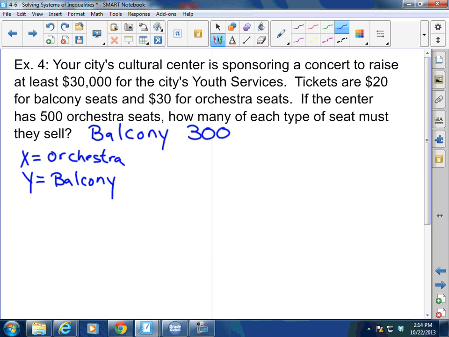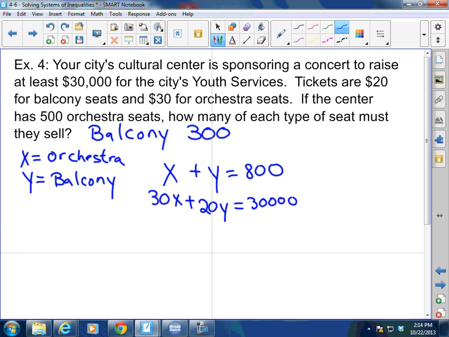So together, my orchestra seats plus my balcony seats will equal 800 seats, right? You guys with me? And then I have $20 per balcony. So I had said Y is balcony, so 20Y plus 30 for each orchestra. So 30X will equal $30,000.